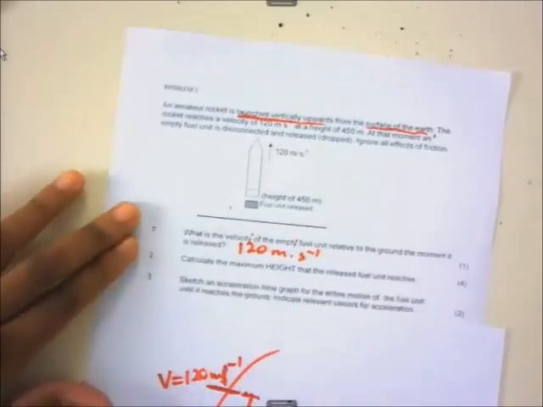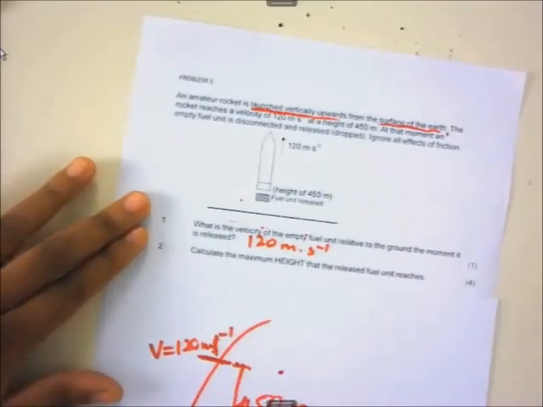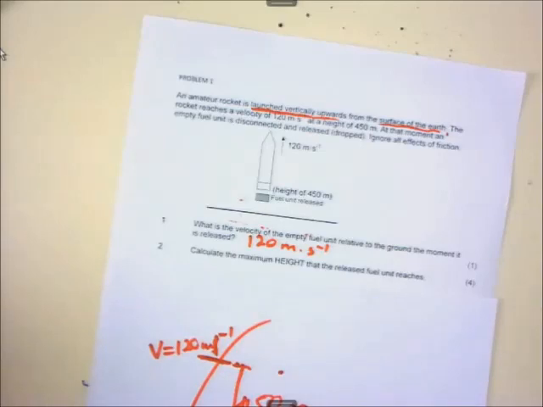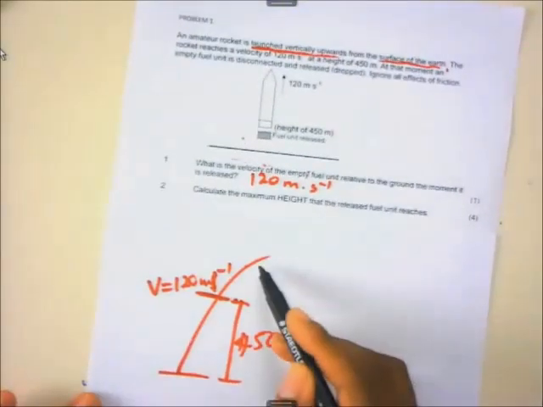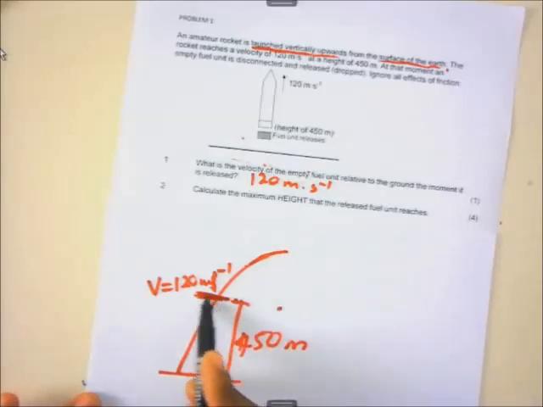Then the next question will be, calculate the maximum height that the released fuel unit reaches. Now, we are required to calculate what? The maximum height. What is important is that when the rocket reaches this point, it had the velocity of 120 meters per second.